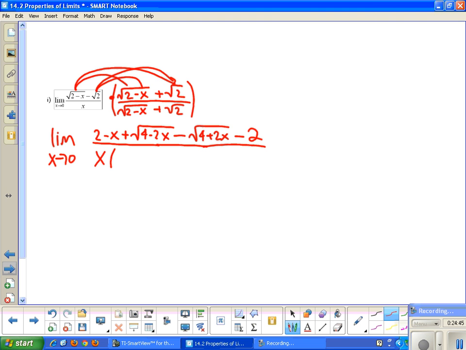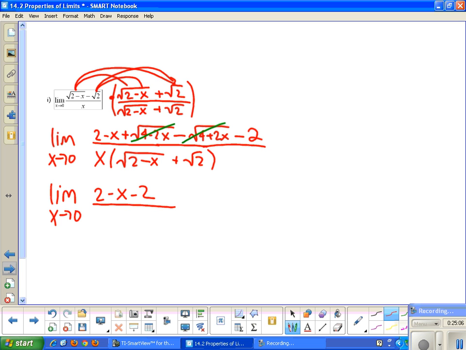In my denominator, I have x, and I'm not even going to distribute. I'm just going to do x times root of 2 minus x plus root 2. And conjugates, remember, cancel out your radical terms, so this and this cancel out, which should happen. So if we simplify again, we have the limit as x approaches 0 of 2 minus x minus 2 over x times the square root of 2 minus x plus root 2.